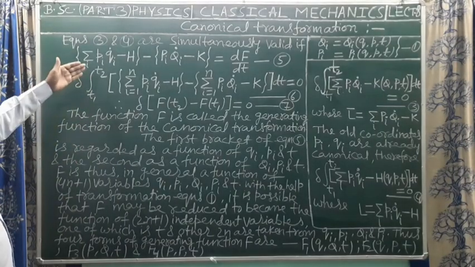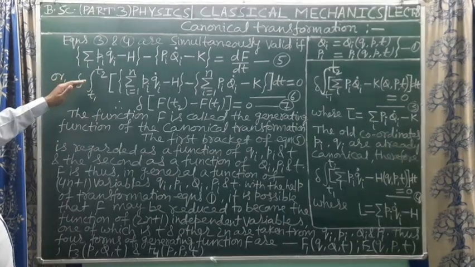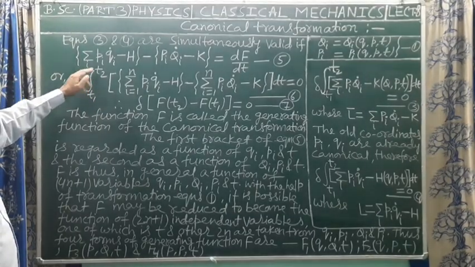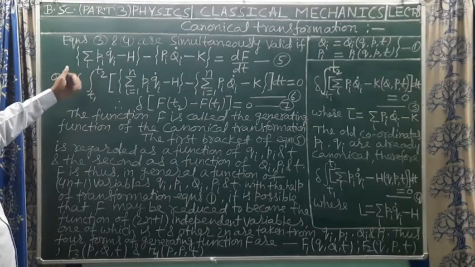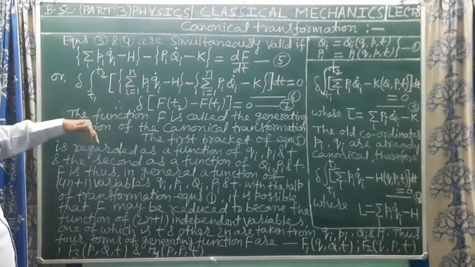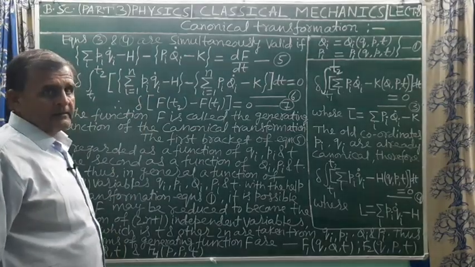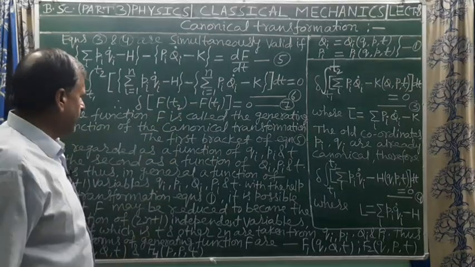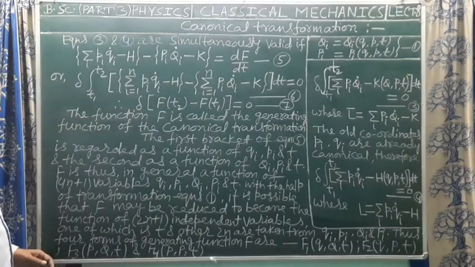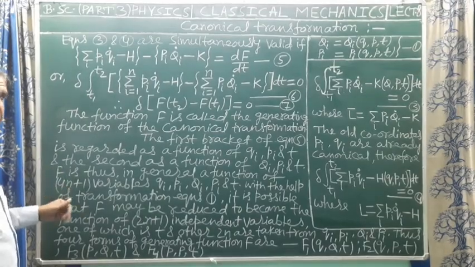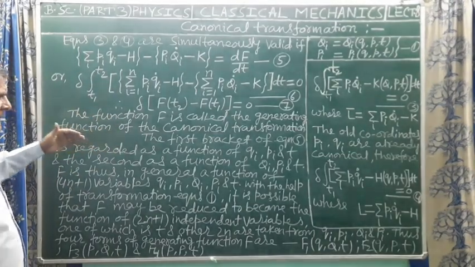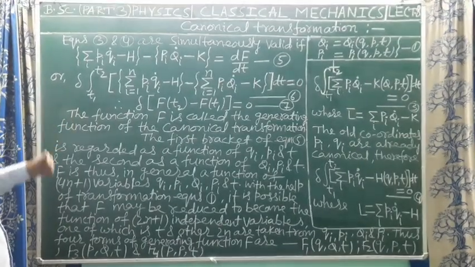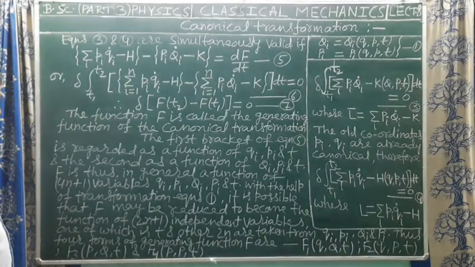So the first bracket of equation 5 is the function of a small p, a small q, that is pi, qi and t, while the second bracket is the function of capital Pi, capital Qi and t, that is the generating function capital F is in general a function of 4n plus 1 variables.